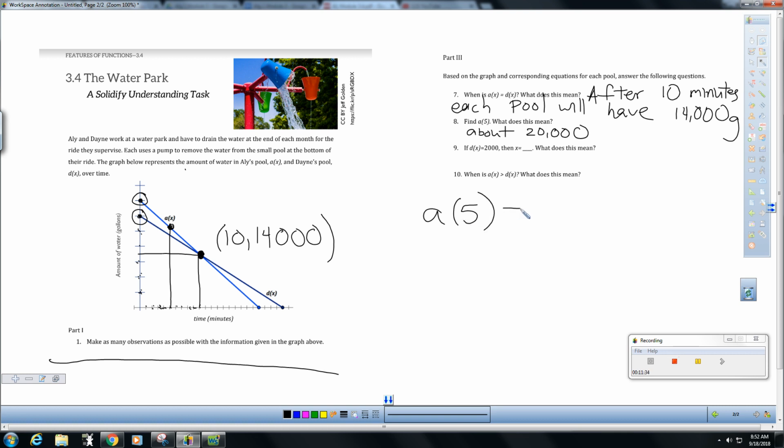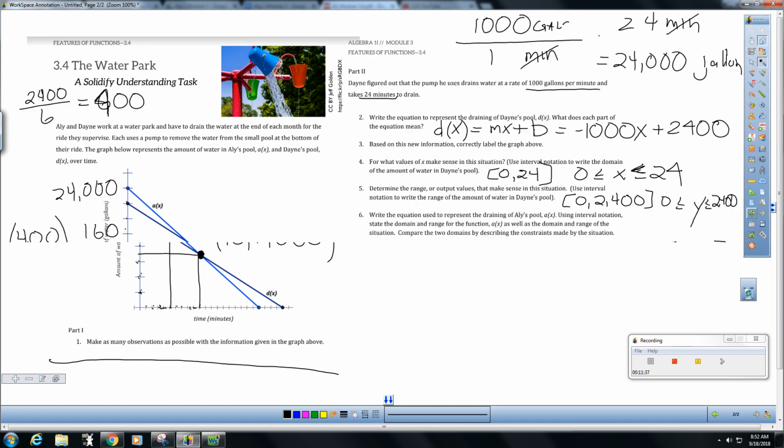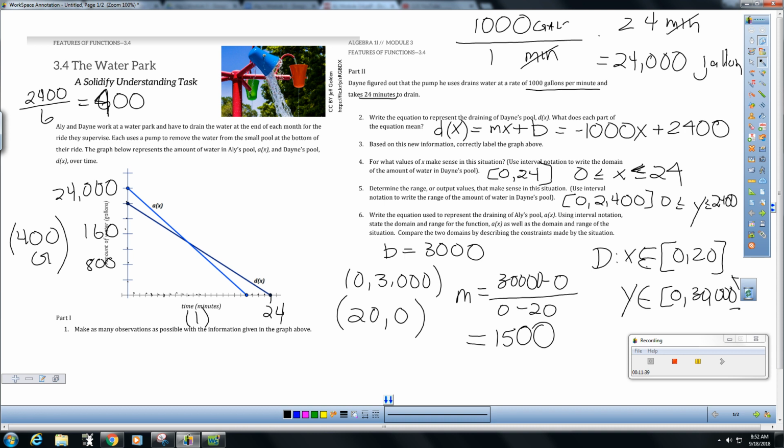How would I find A of 5 actually? If I didn't want to use the graph, I would use the equation. What's our equation? We never wrote that down. So, A of x is negative 1,500x plus 30,000.